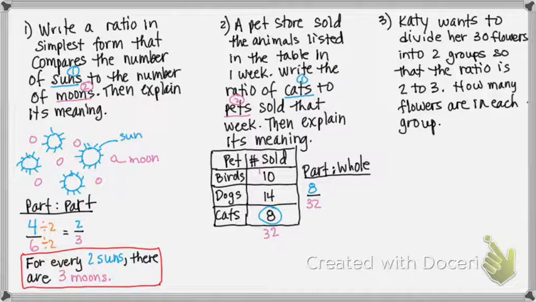But again, I need to remember to simplify. And 8 goes into both of those numbers, so I'm going to divide the 8 out. That's the greatest common factor, going back to yesterday's lesson. Then we have 1 compared to 4.